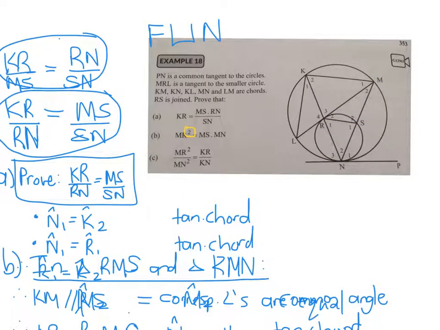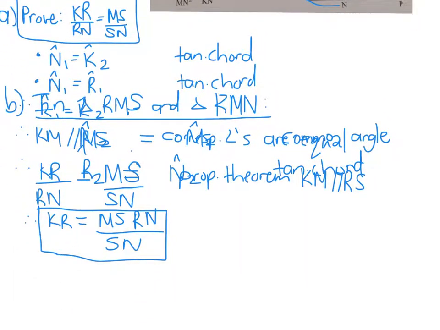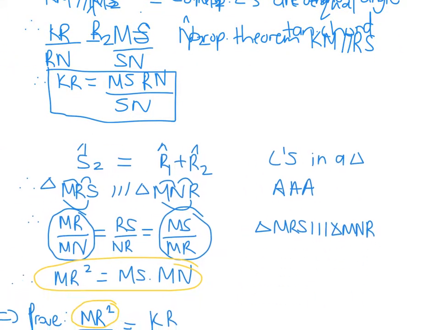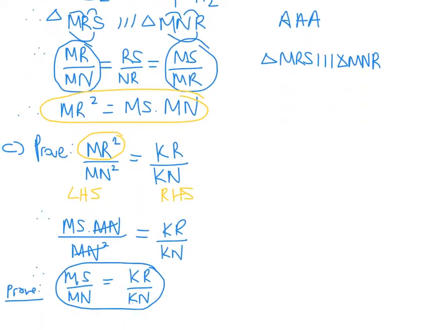So MS over MN is equal to KR over KN. Now, yes, I can prove that, can't I? Why? Because I have a proportion theorem and I've proven that those two sides are parallel anyway.